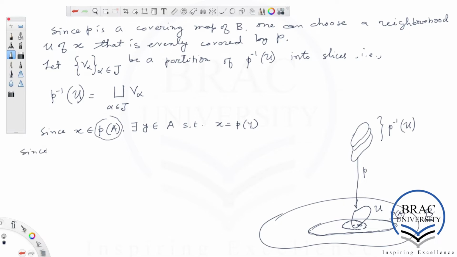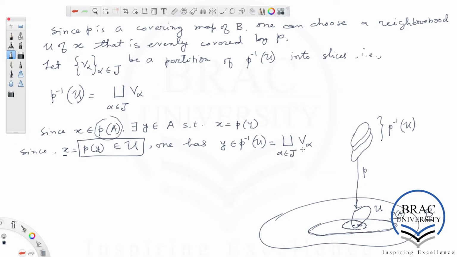Okay. Since X is equal to P of Y, we know that X is in U, right? This X is inside this open set U. One has Y belonging to P inverse U. Of course, P inverse U, according to the definition of a covering map, can be written as a disjoint union of these V alphas, right?